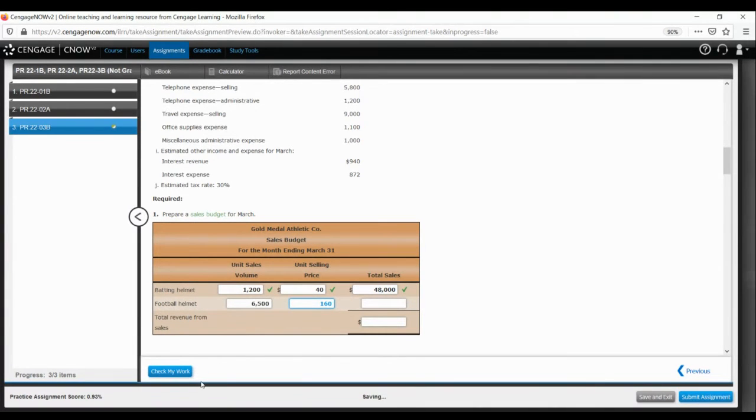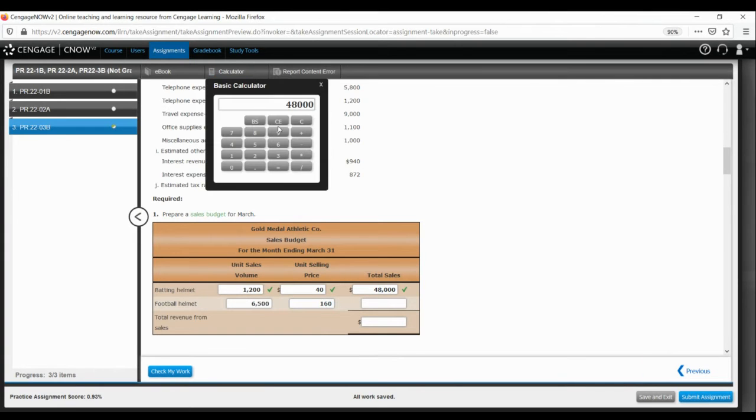And then what we're going to do is multiply the 6,500 units times $160 as the selling price per unit, and that will give us $1,040,000.